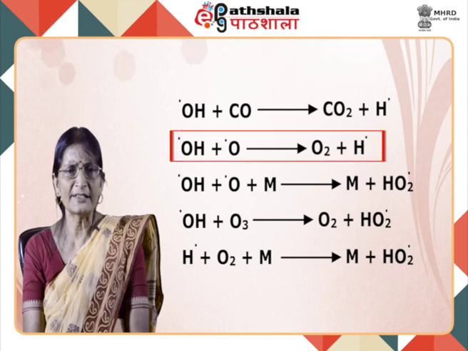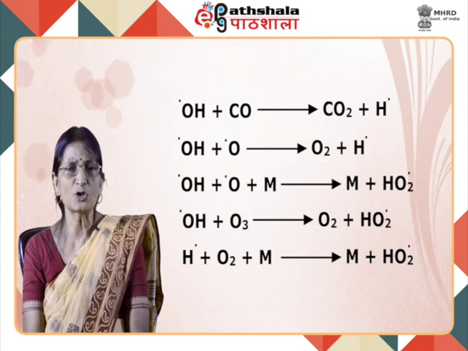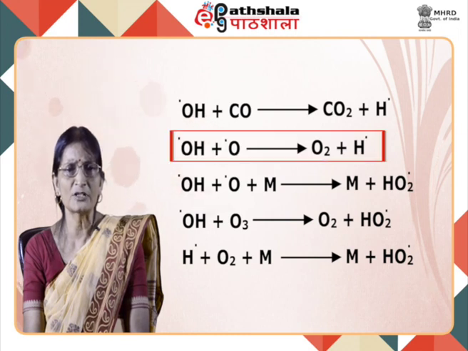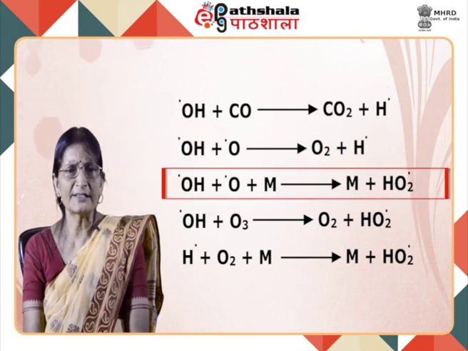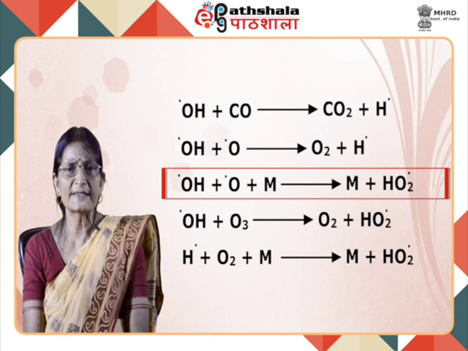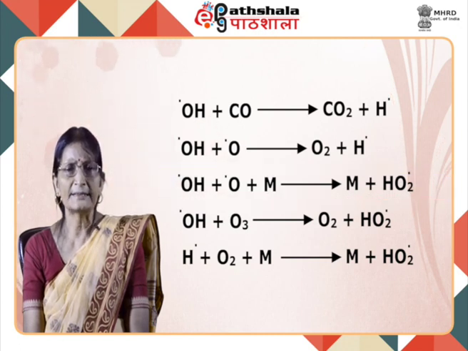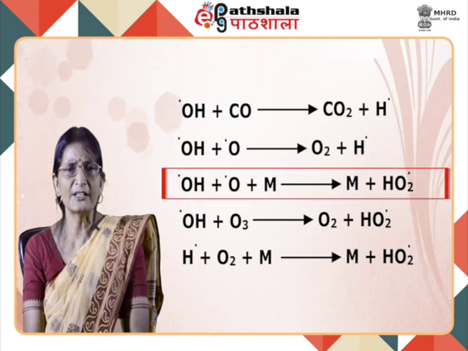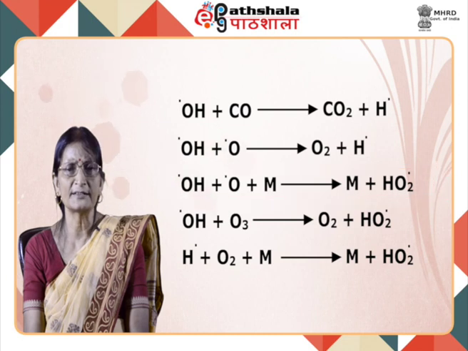The hydroxyl radical can also combine with atomic oxygen to give molecular oxygen and atomic hydrogen. The hydroxyl radical may also combine with atomic oxygen in the presence of a third body, which is denoted as M sometimes. This could be a nitrogen molecule, and this imparts translational energy to the molecule and will give a hydroperoxy radical.